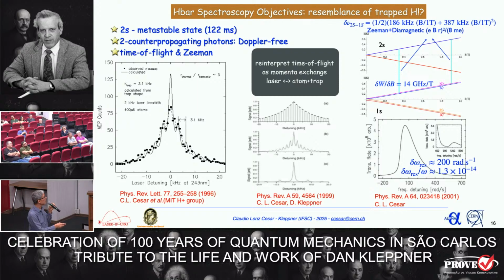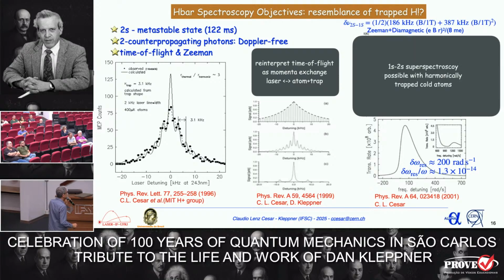And the reason is that the magnetic moment of the 2S state is almost the same as the magnetic moment of the 1S state. There is a relativistic correction, okay? And so this adds very little broadening to our system, and I showed that it's possible that we get to the range of super spectroscopy, really to go to parts in 10 to the 15 in resolution. So in principle, you could resolve your line and go to parts in 10 to the 17, 18, and so on, even in a magnetic trap.